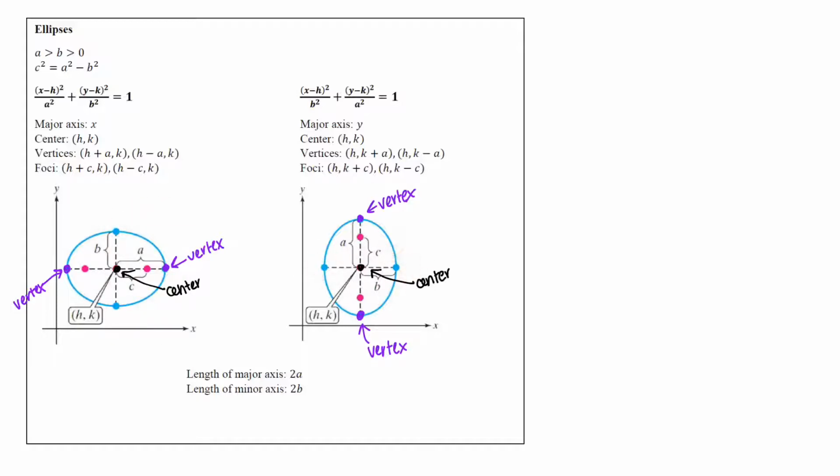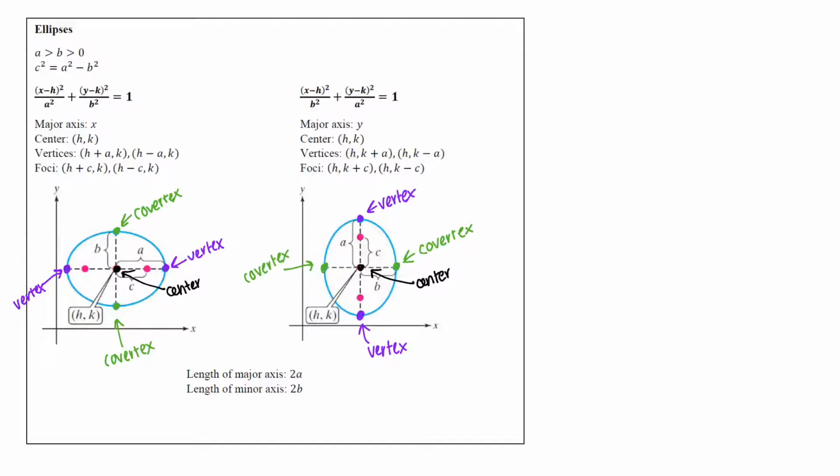For this one over here, the minor axis is the x-axis. Those endpoints are called co-vertices. So this is a co-vertex, and this is a co-vertex. And then over here, this is a co-vertex, and this is a co-vertex.